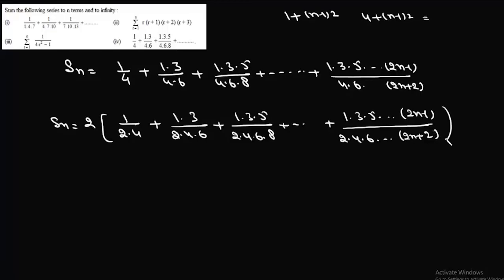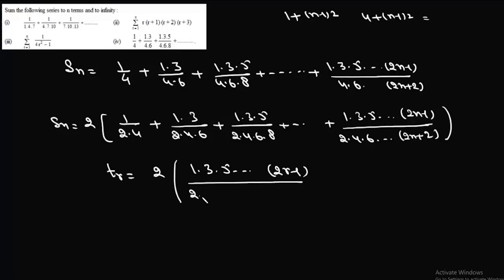2n plus 2. Now, if we write its general term, the rth term, it will be 2 into 1, 3, 5 up to 2r minus 1, and in the denominator 2 into 4 into 6 up to 2r plus 2. Now, because we have to use the method of difference, somehow we have to express it as a minus b.